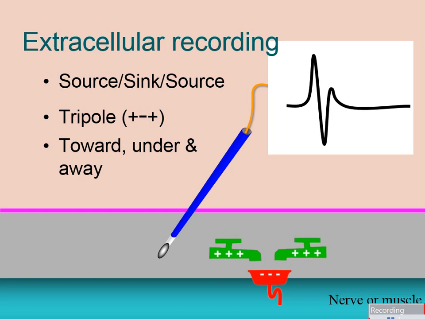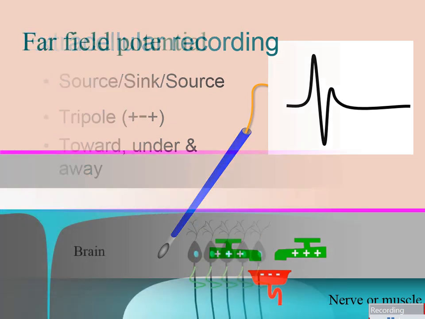Now the waveform will vary depending on where the generator of this action potential is and so on, which makes it a little more complicated. And so often they don't look like a perfect triphasic wave like that. But that's what is actually generating this wave that we're recording. So we're kind of recording the remote effects of that action potential flowing by rather than the action potential itself.